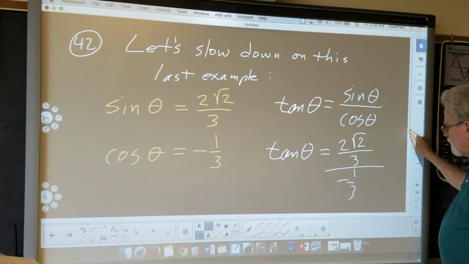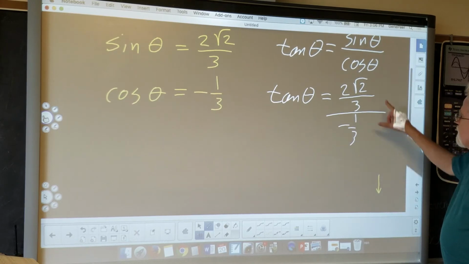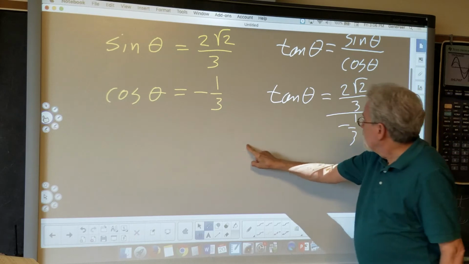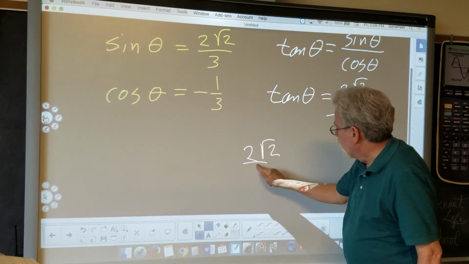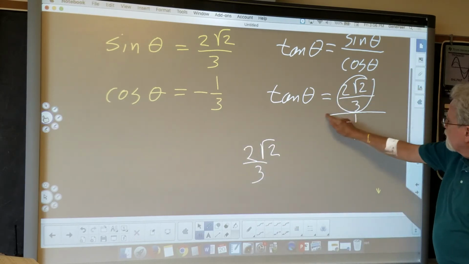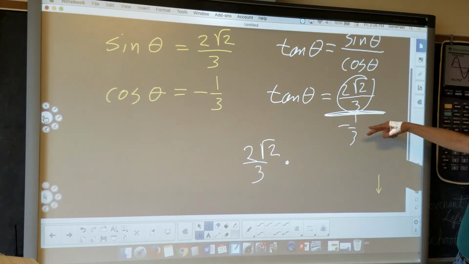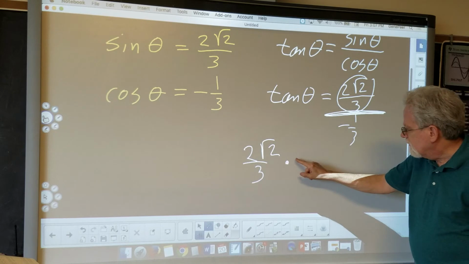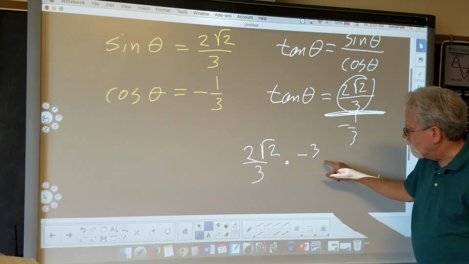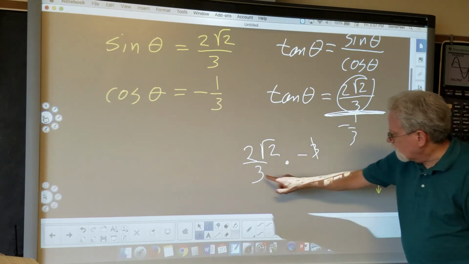Of course that becomes 2 square root of 2 over 3 divided by, therefore multiplied by, the reciprocal of negative 3, negative 3 over 1. And these cancel.